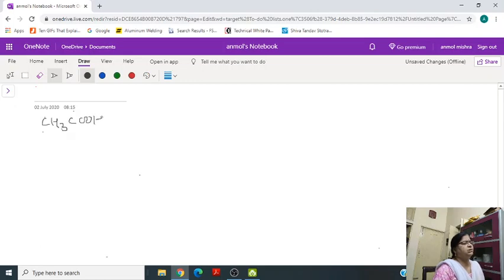When carboxylic acid reacts with alcohol in the presence of acid, it forms ester.